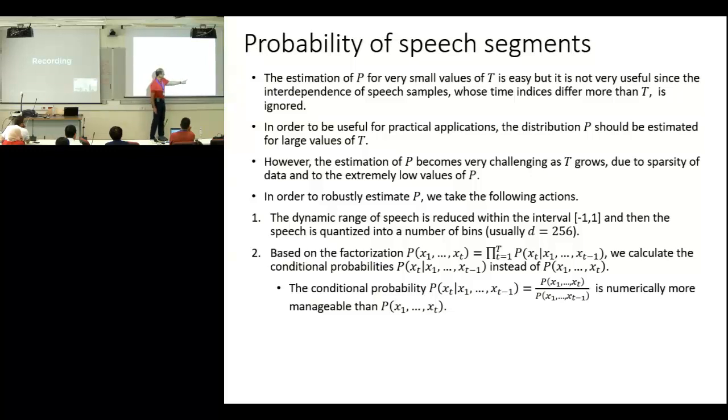Since it is numerically much more stable, we will try to model this probability distribution, the conditional probability of the sample at time t, given all the previous samples.